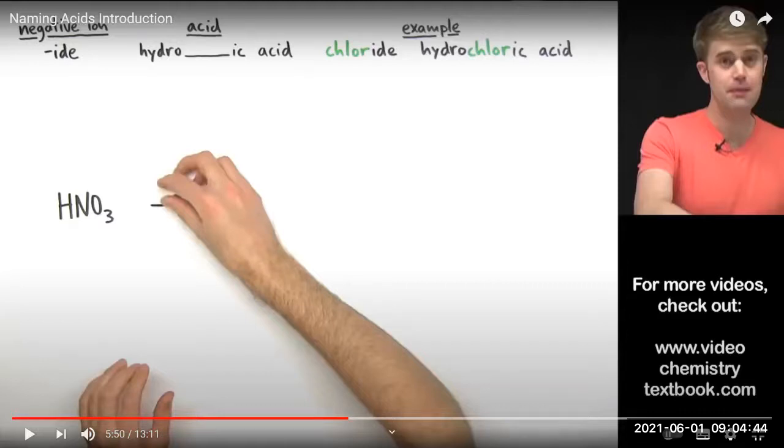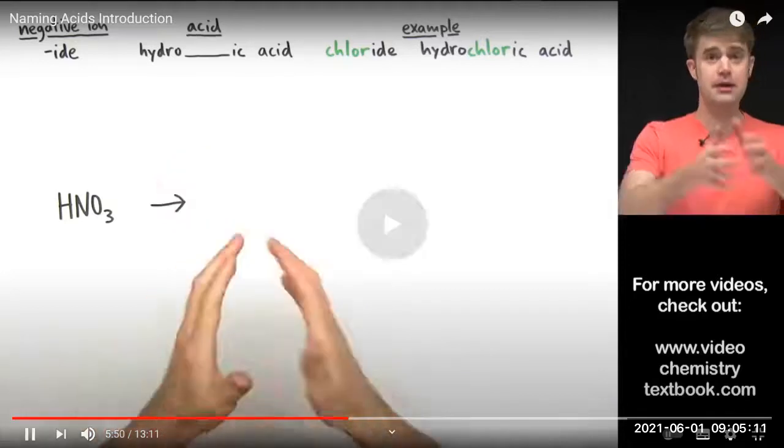Take a look at the table. I gave you 4 tables, remember? So look for NO3 and look for the name. Did you find it? Nitrate. Remember, we take a look at the suffix ate, nitrate.